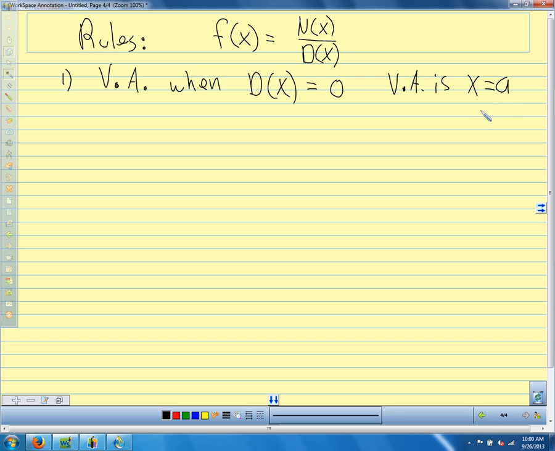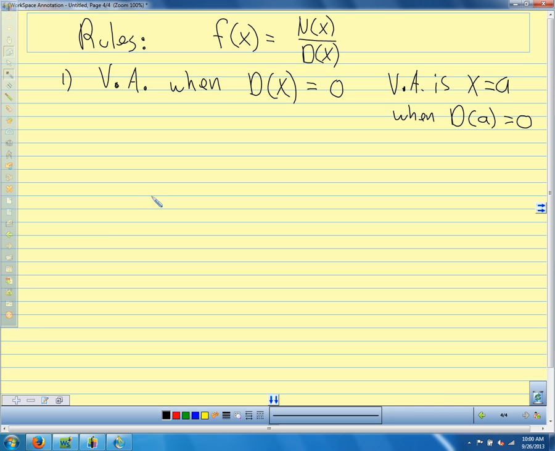So we're going to say x equals a when d of a equals 0. So when I get a 0 in the denominator, I make a vertical asymptote by the line x equals a, a vertical line.